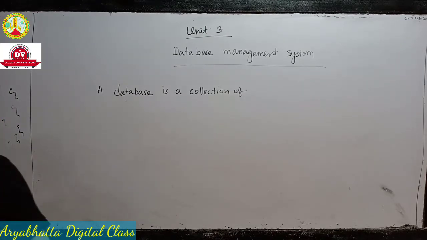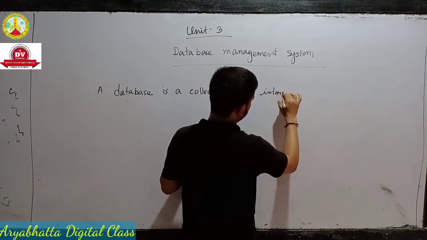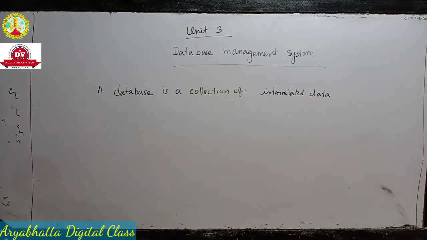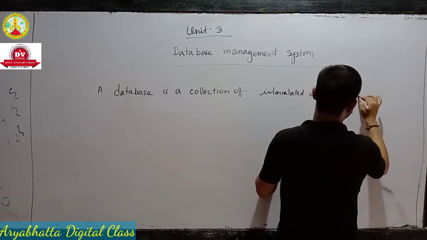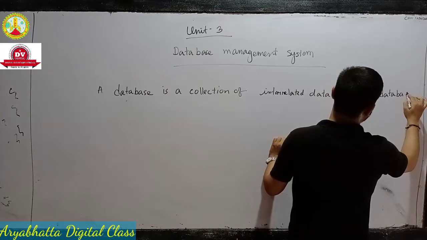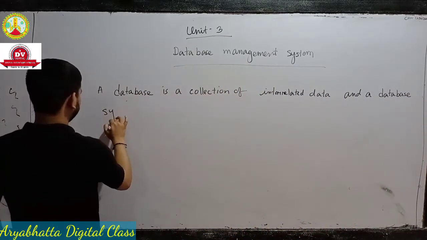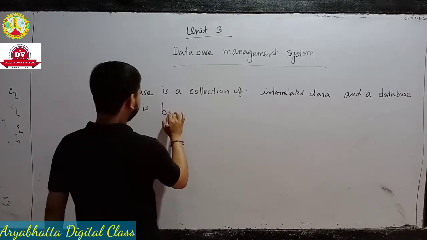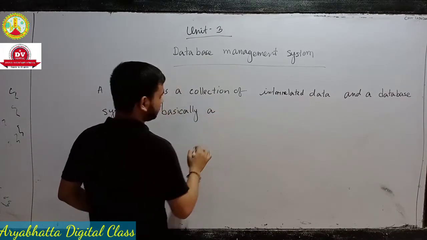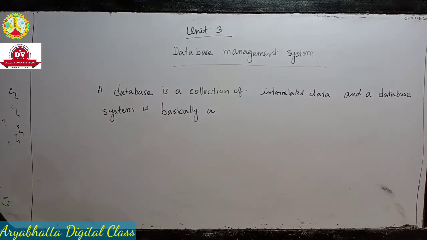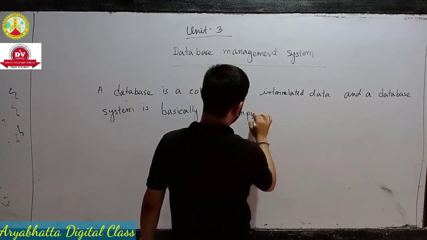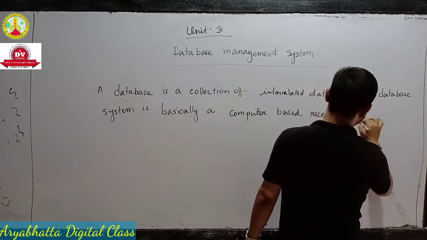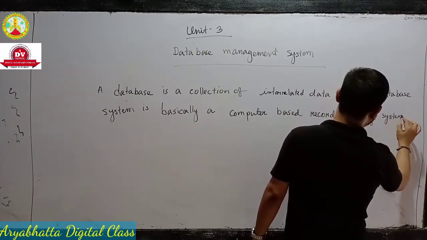A database is a collection of interrelated data, and a database system is basically a computer based record keeping system.